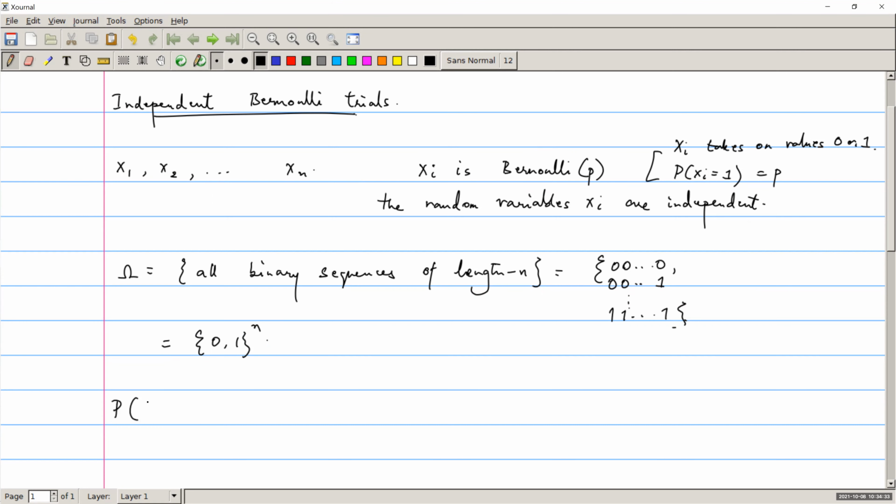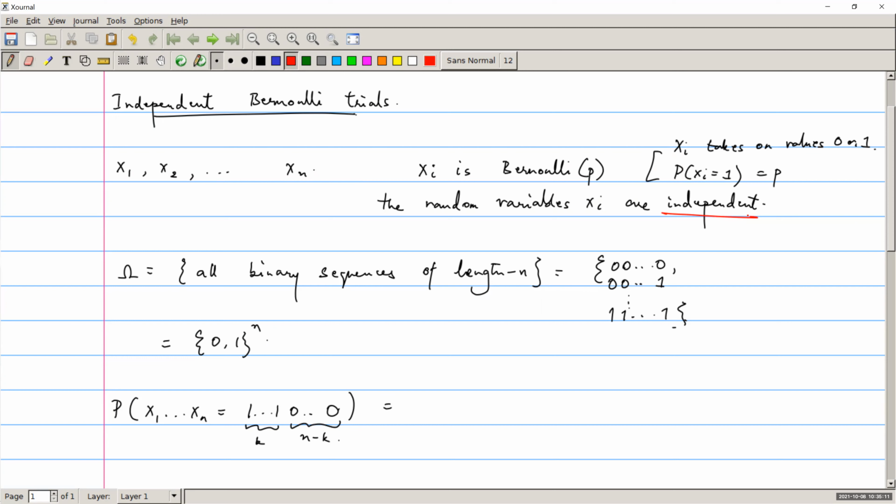What is the probability x1 through xn is, let us say, 1 1 1? What's the probability that the sequence equals this specific sequence? The first k trials all give 1, the remaining n minus k trials all give 0. They are independent.